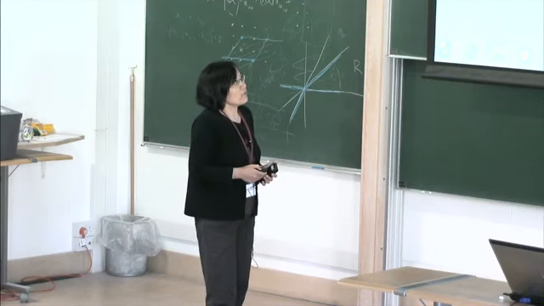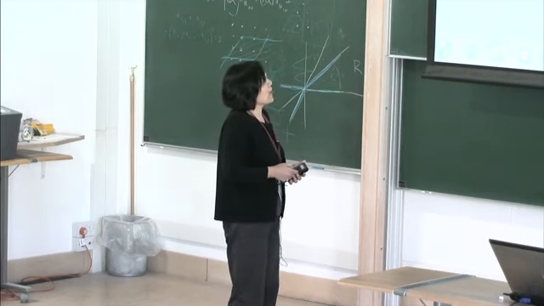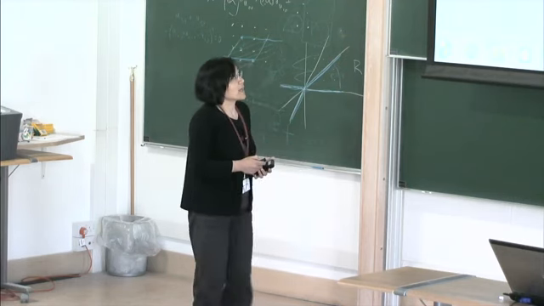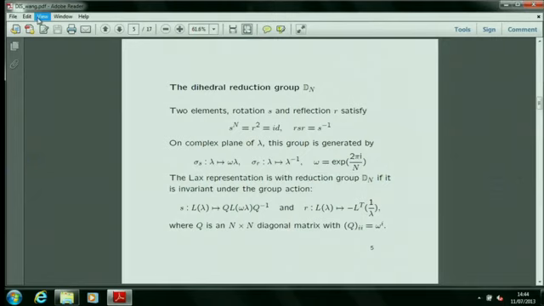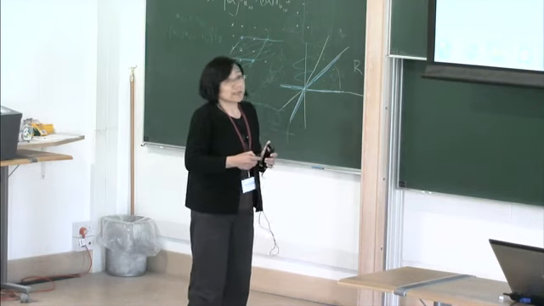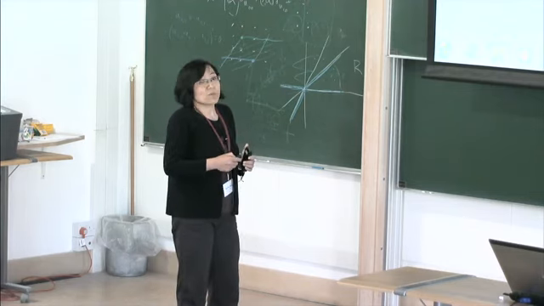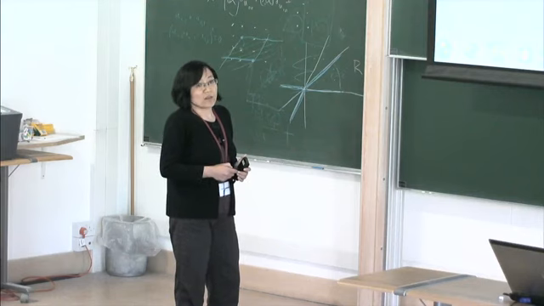So if we pick a generic point on your complex plane, your orbit will have 2n points. But of course, if you choose a special point like 0, you will have only 2 points: one is 0, one is infinity. Later on we will see that this determines how we look at the poles.